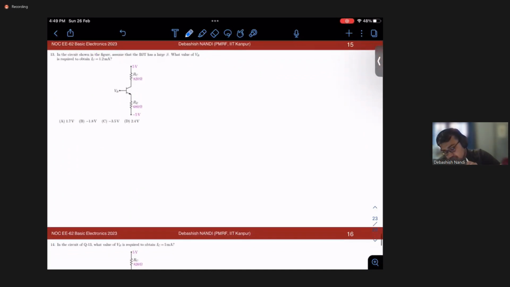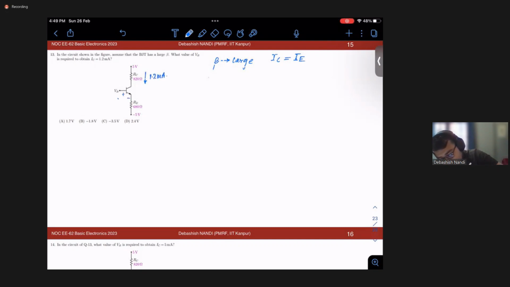In the circuit shown in the figure, assume that the BJT has a large beta. Large beta means IC is equal to IE. What value of VB is required to obtain IC equal to 1.2 milliampere? Okay, IC is 1.2 milliampere, right?